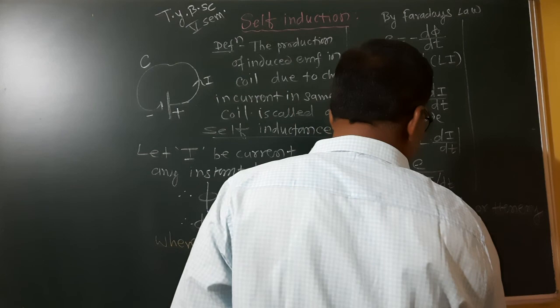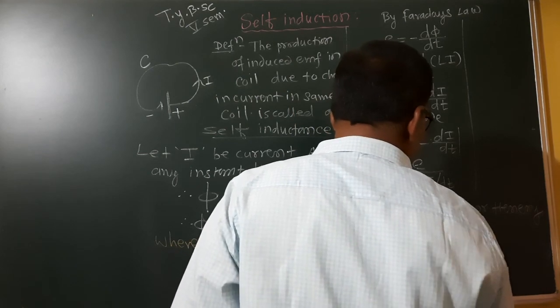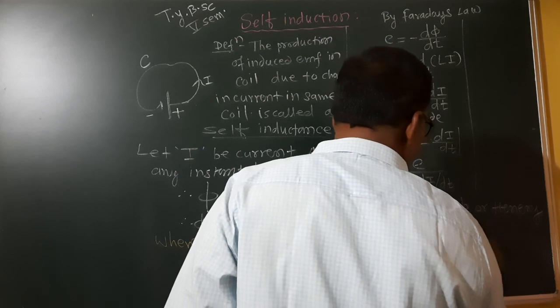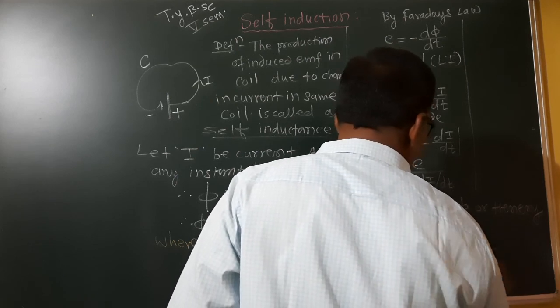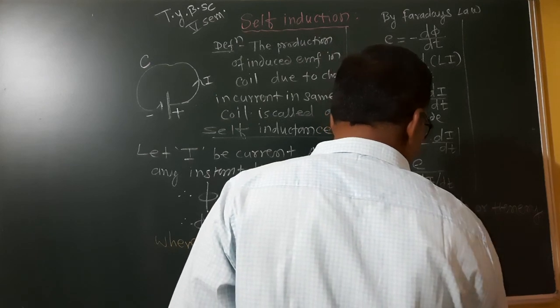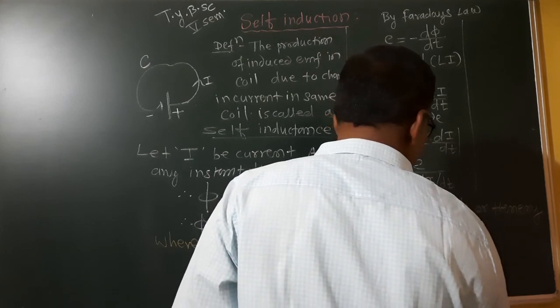E is considered as work upon charge, W upon Q, divided by ampere per second.